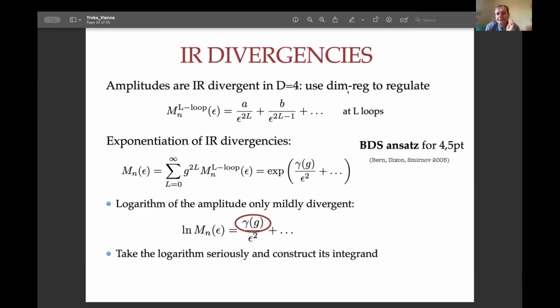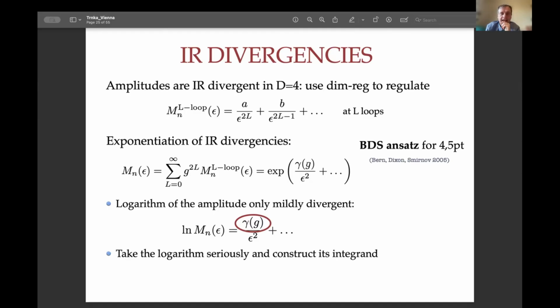If we use dimensional regularization, so we move from 4 dimensions to 4 minus 2 epsilon, the amplitude becomes a series in 1 over epsilon, where at L loops the leading piece is 1 over epsilon to the 2L. Now, the IR divergence in fact exponentiates, so most of these higher orders just come from iteration of the lower loop data, and the real new divergence only sits at the 1 over epsilon squared level.